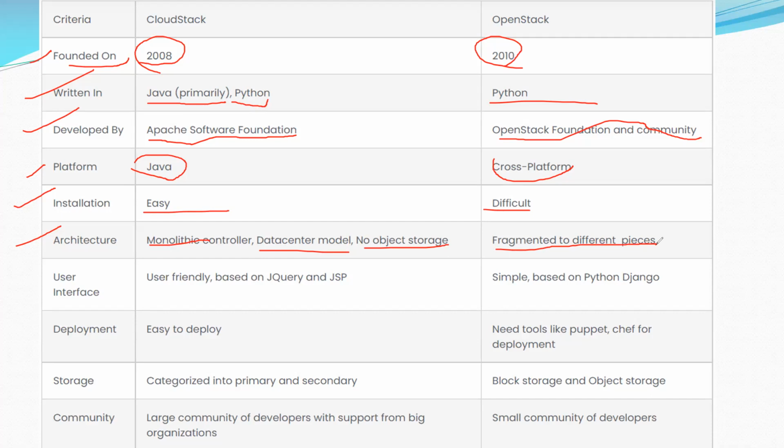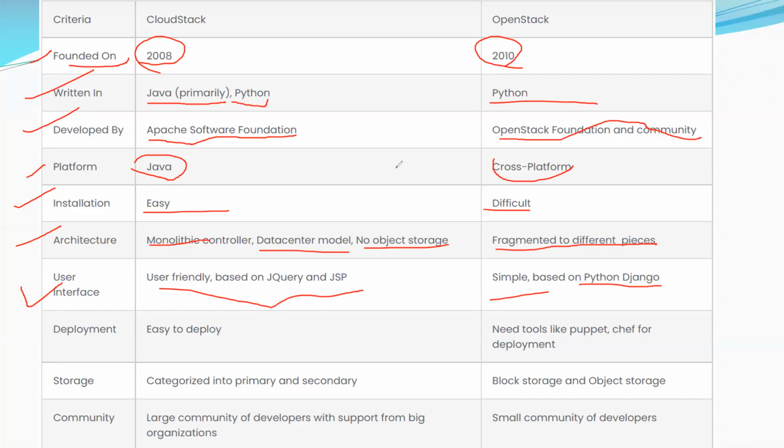It is absolutely fragmented into different pieces, and each piece is working on different tasks. The user interface in CloudStack is user friendly and based on jQuery and JSP. In OpenStack it is simple and based on Python Django.